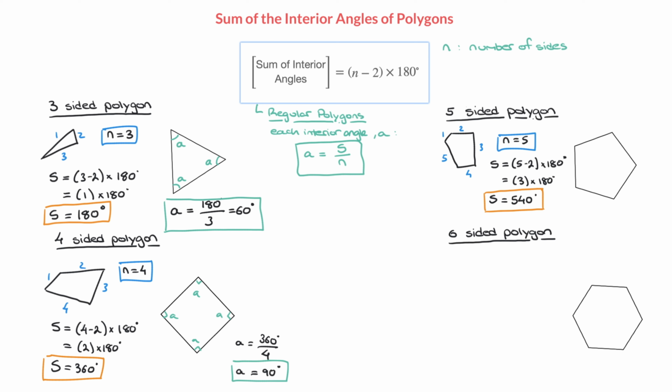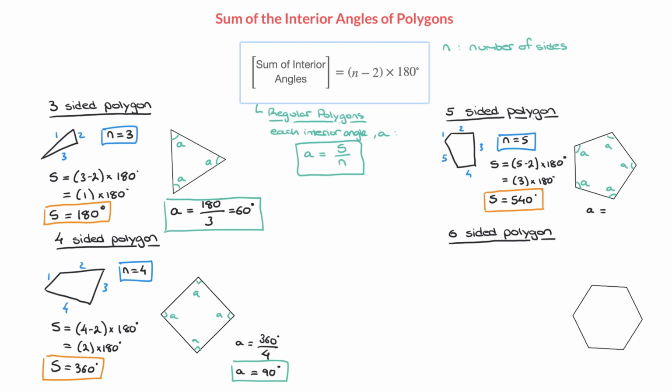And so the sum of the interior angles of a pentagon will always add up to 540 degrees. And in the case of a regular pentagon, like the one we see here, all of its sides and all of its interior angles will be equal, and I'm calling those angles A, like so. And using the formula we have here, we can state that each of those interior angles, A, must be equal to the sum of the interior angles, so that's 540, divided by the number of sides it has, so that's 5.